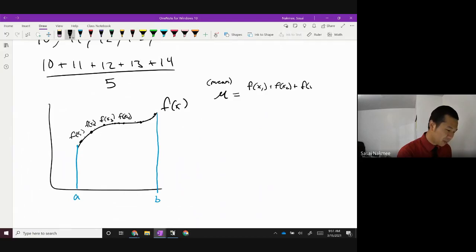There's f of x sub 3, and it just keeps going. Forever, right? Forever. And then, of course, I'm supposed to divide by however many numbers there are between them, right? Let's just call this f of x sub n for now, right? And we would just divide by n, for however many numbers there are that's supposed to be between this, right?